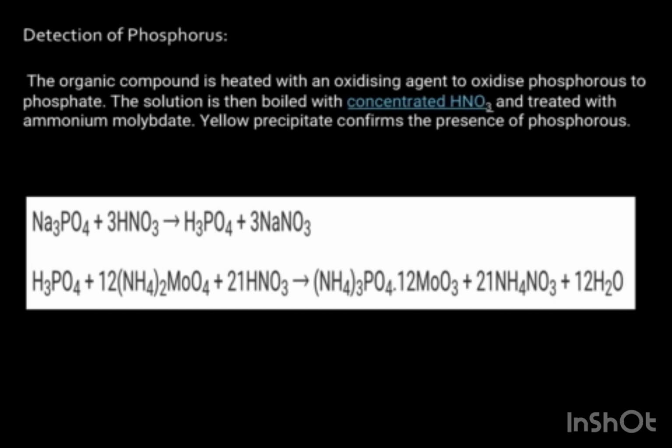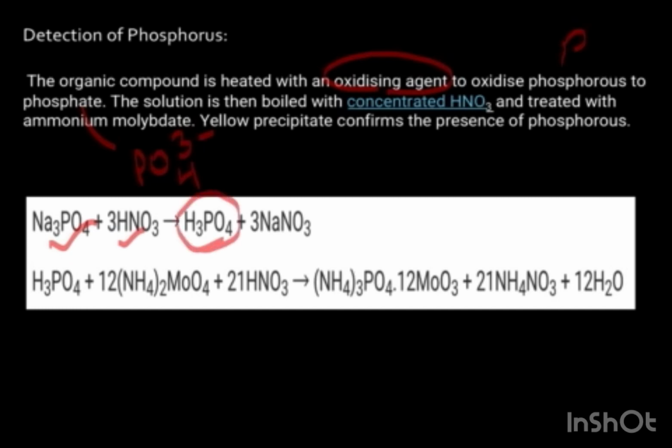Here the organic compound is first heated with an oxidizing agent so that phosphorus which is present in the organic compound changes to phosphate ion, PO4 with 3 negative charge, as you can see here. And then in the presence of nitric acid, you get phosphoric acid, and this phosphoric acid reacts with a reagent called ammonium molybdate.